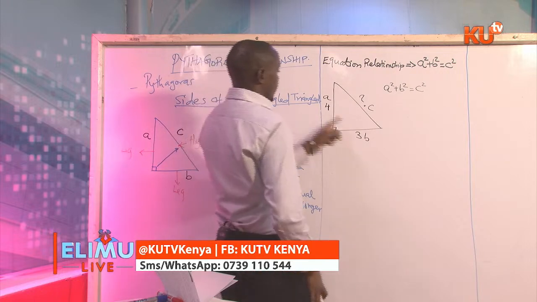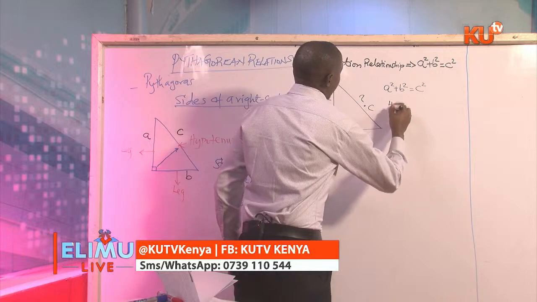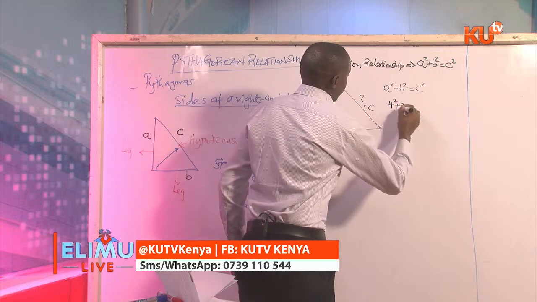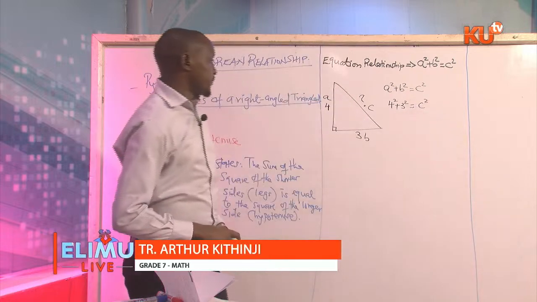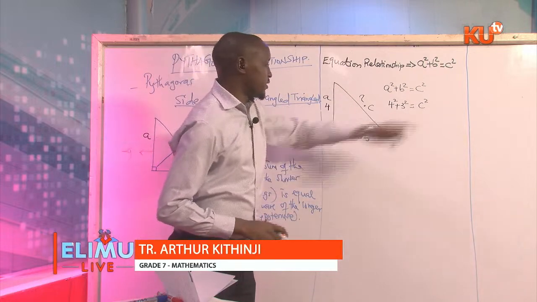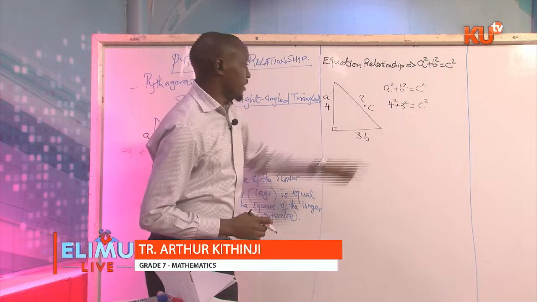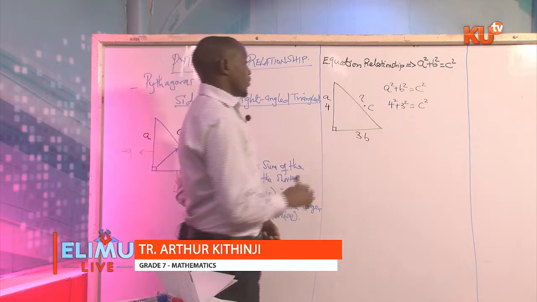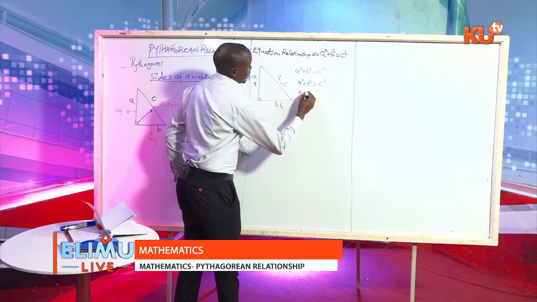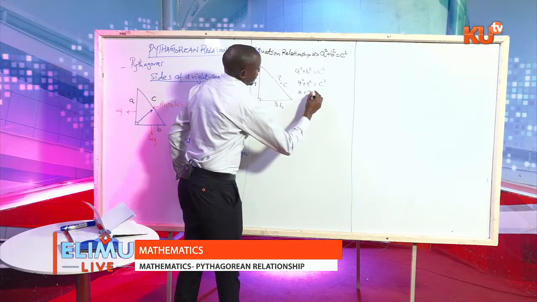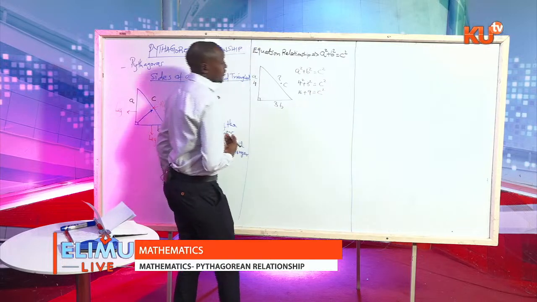So if this is A and this is B, then 4 squared plus 3 squared is equal to C squared, whereby we are supposed to get C to know the measurement of this side and not C squared. So the square of 4 is 16, the square of 3 is 9, and still let's maintain C squared.